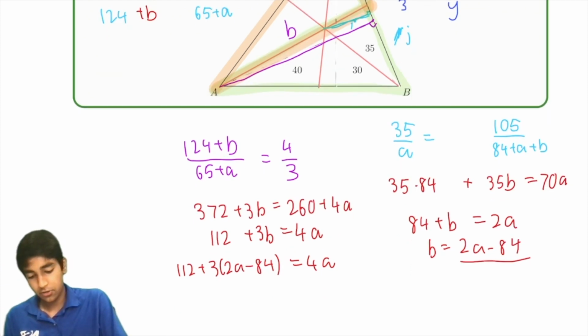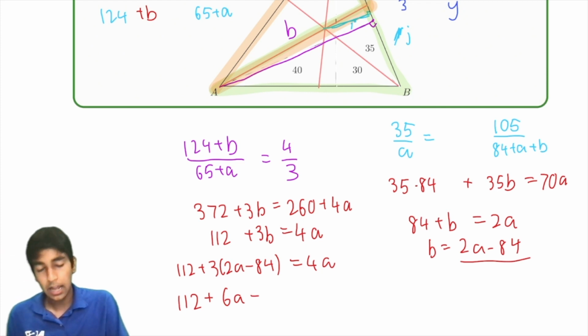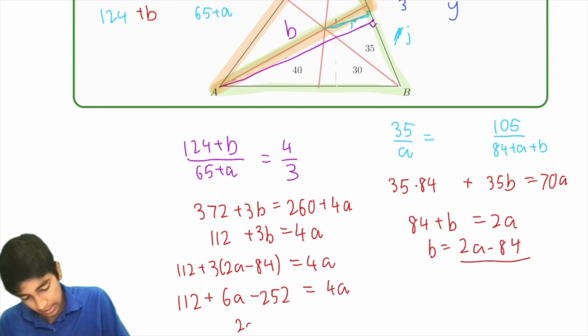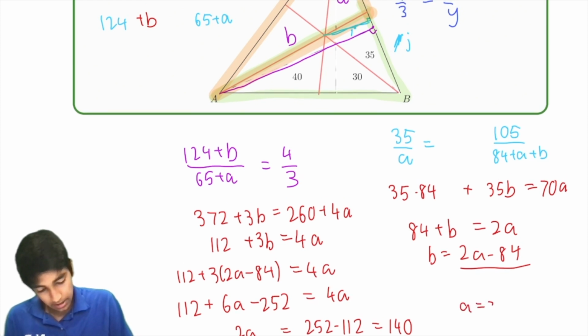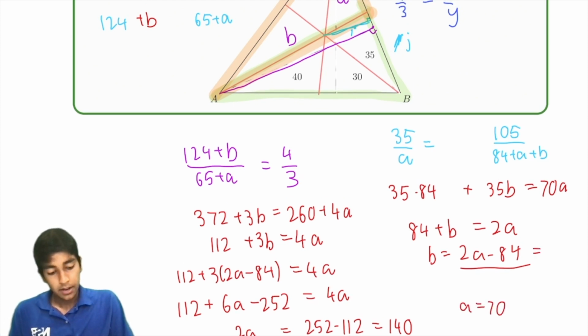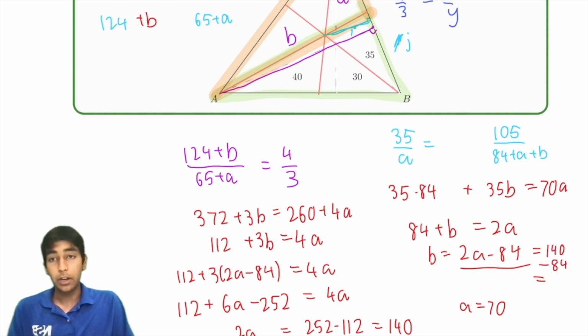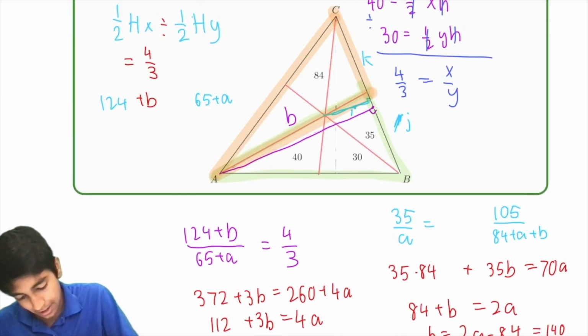I guess this is just 112 plus 6a minus 3 times 84, that's 252, equal to, for A, 2A equals 252 minus 112 equal to 140. So A is 70, and from here we solve B to get that B is 140 minus 84, which is 56. So A is 70, B is 56.